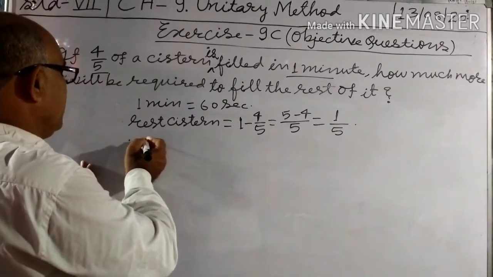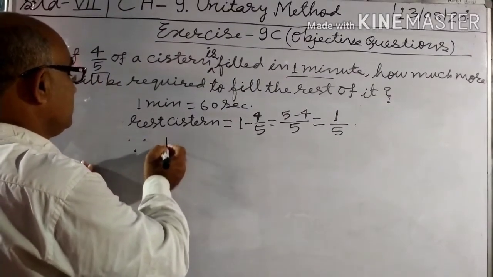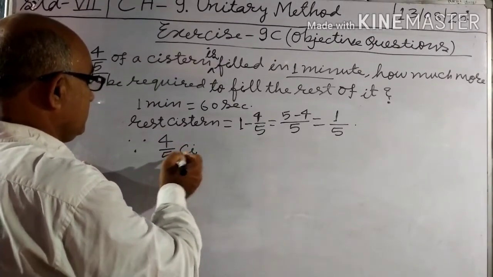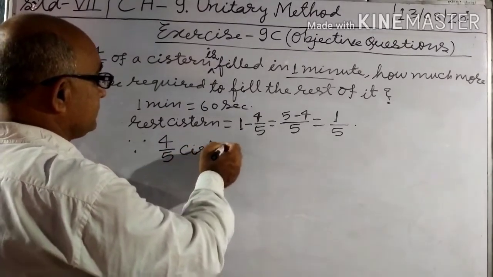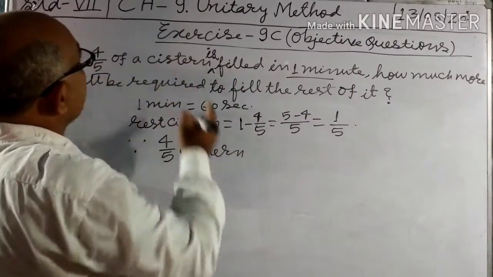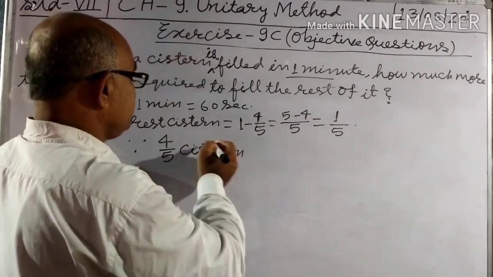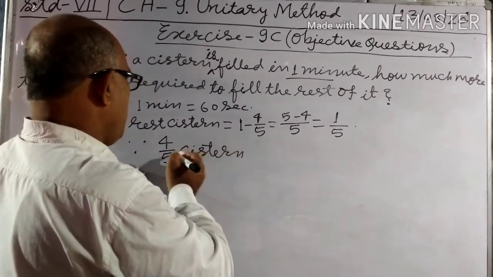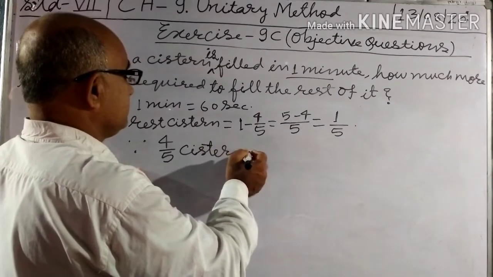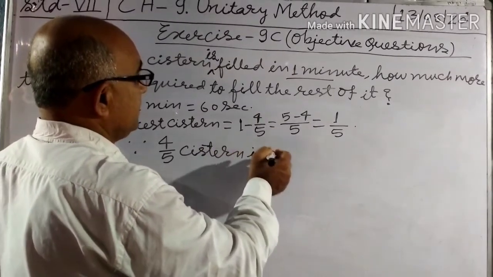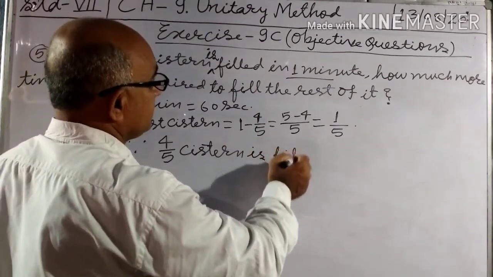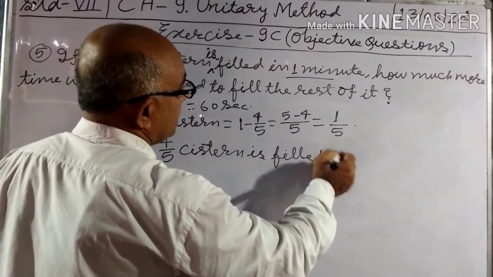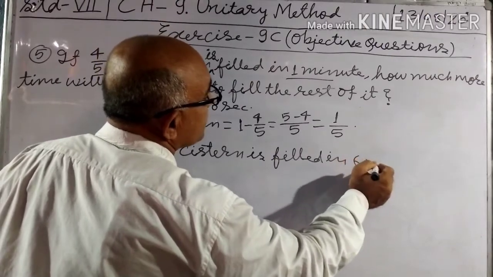Solving by the unitary method, since 4 by 5 cistern is filled in 1 minute, means 60 seconds.